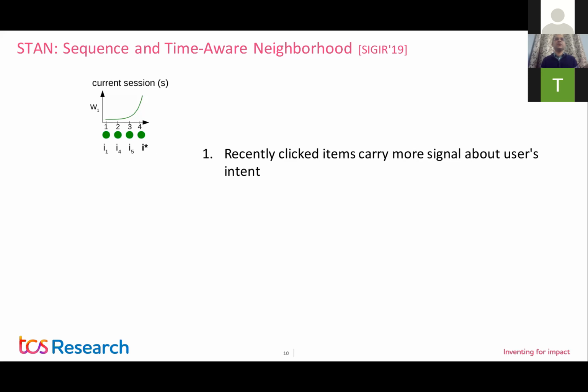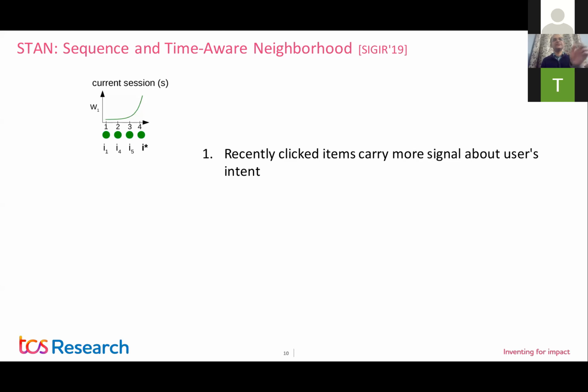Now one heuristic that we use is that when deciding the relevance of other items in the catalog, more importance will be given to I star, then to I5, then to I4, then to I1. The y-axis here shows the weightage that we can give to the different items the user has already clicked in the session to decide the recommendation list.